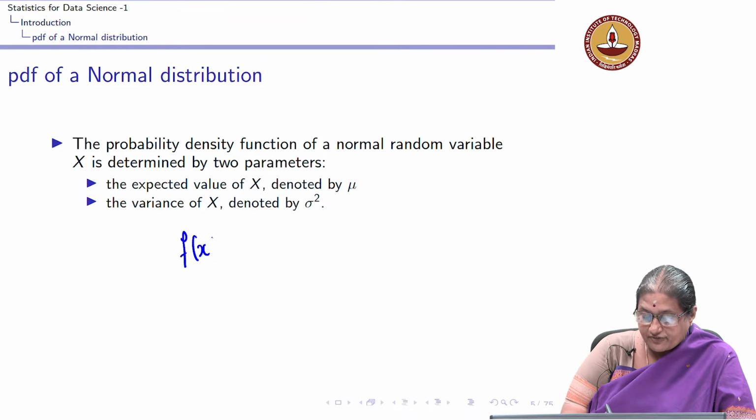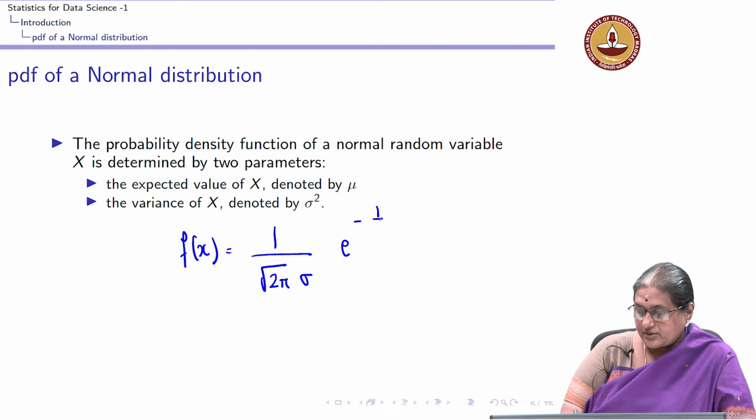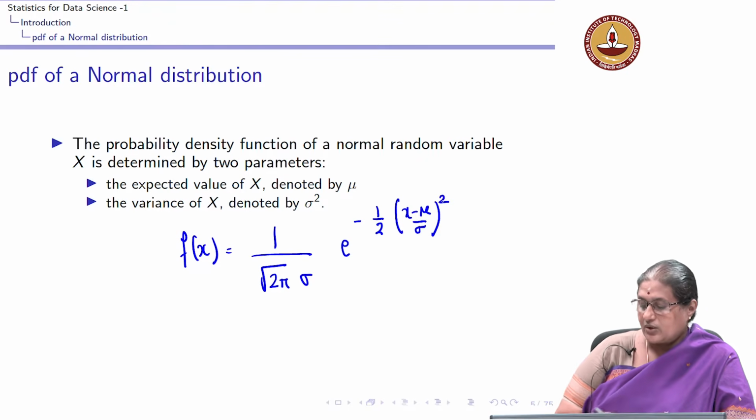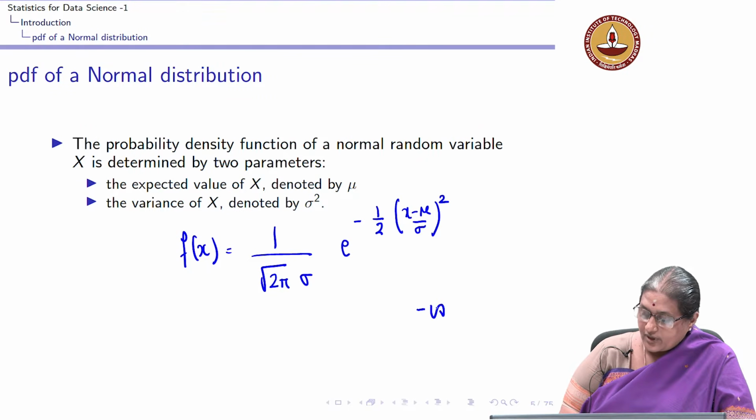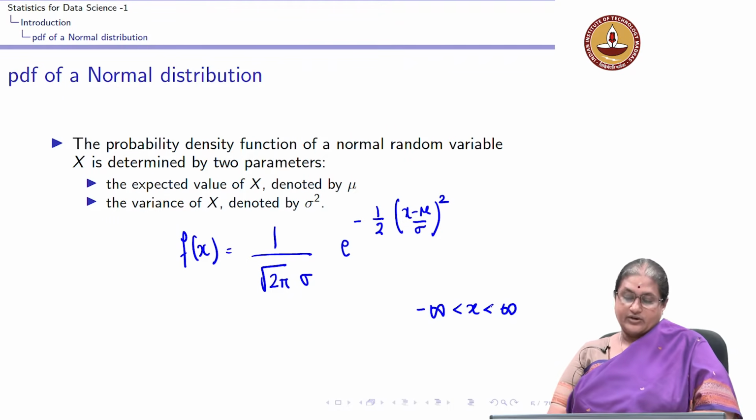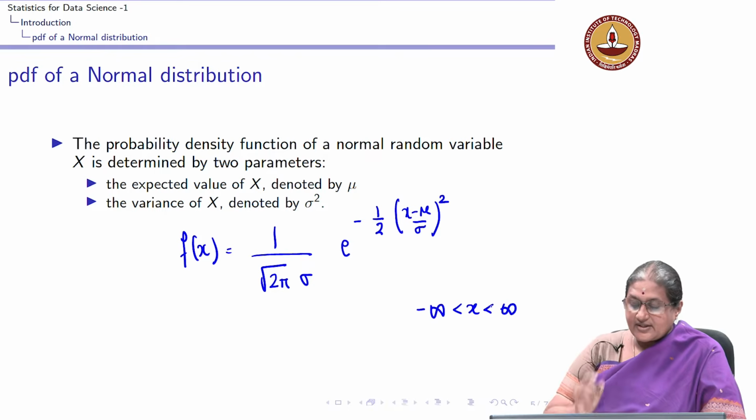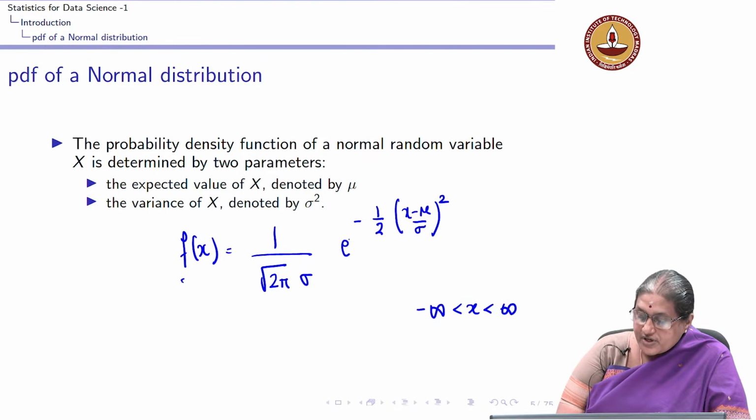So, my f of x is 1 by root 2 pi sigma times exponential e to the power of minus 1 by 2 into x minus mu by sigma whole square, for x taking any real value. You can see that this normal distribution has two constants, e and pi.